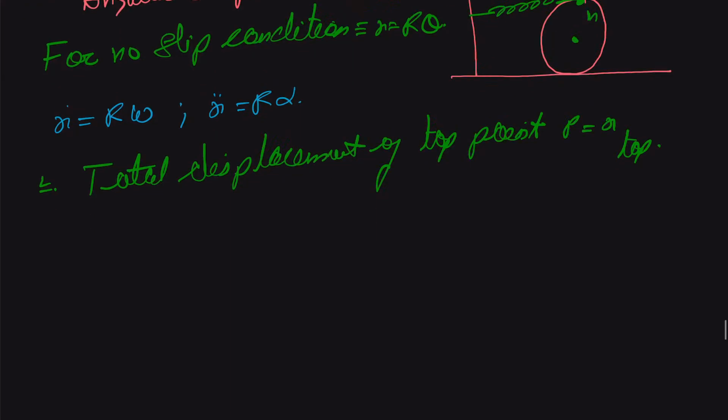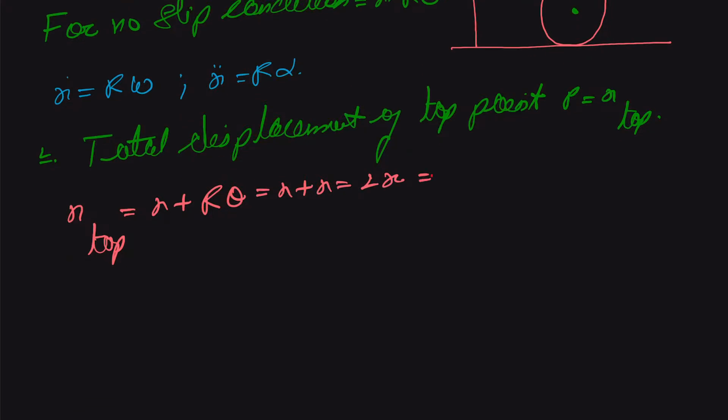Then x top will be equal to x plus r times theta, and r theta is our x. Therefore we can write this as x plus x, giving us 2 times x. Therefore we can also say that the spring will be stretched by a distance of, suppose x spring, then this x spring will be equal to 2 times x.